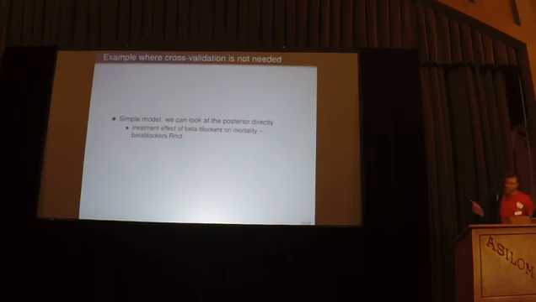Okay, now I go to a notebook, beta blockers. It's an example where we can look at the posterior directly. We don't need cross-validation.